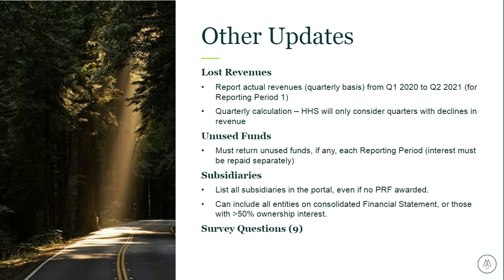So toward the beginning of the process in the portal is where you'll list your subsidiaries out and answer questions about, maybe if you've acquired any subsidiaries in this time period. And those kind of drive how things appear later in the portal. So it's important to really pay attention and get that part right because it's right in the beginning. And you can include any entities that are on your consolidated financial statement or that you have more than 50% ownership interest in.